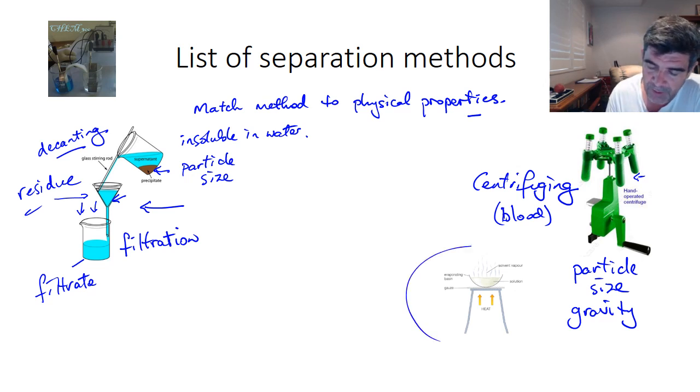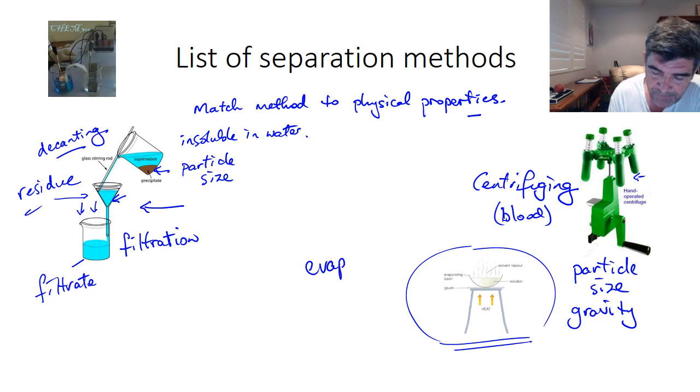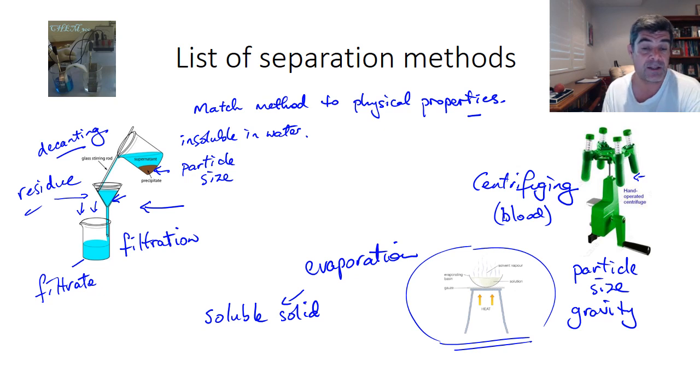One of the ones that we'll be looking at as part of the next video in terms of the gravimetric analysis is evaporation. Now, the problem with evaporation is that it usually involves a soluble solid dissolved in a liquid. And so in this case, we have to rely on a couple of things.